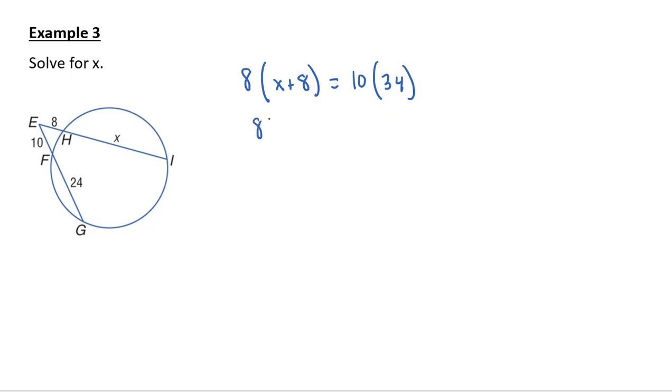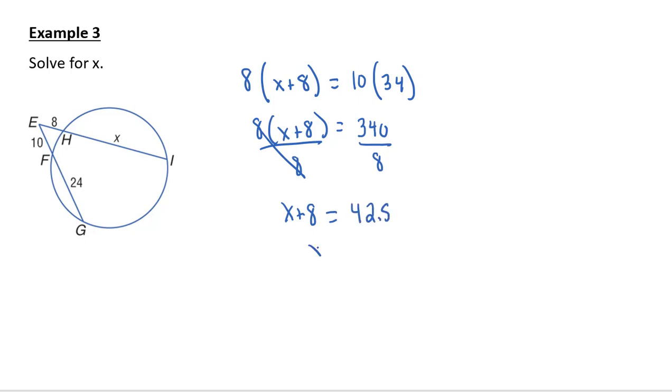So I have 8 times x plus 8 is equal to 340. Let's work smarter, not harder here. Divide by that 8. Those 8s cancel. And so that gets me 42.5, and I subtract to get 34.5.